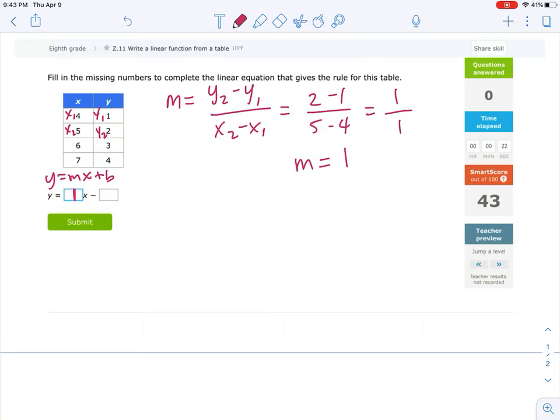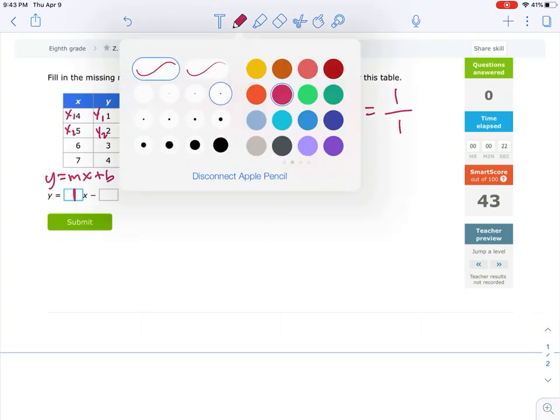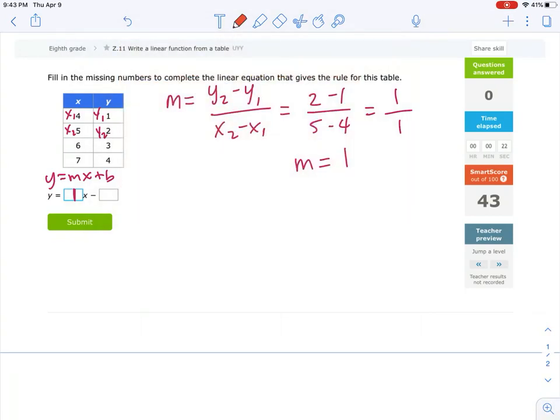Now in the previous problem, we didn't have to find b because the only choice that had a slope of 1 was the first choice. But in this problem, we have to find the y-intercept. The way that we did that in class is with this formula. We used point slope. Point slope form is y minus y1 equals m, open parenthesis, x minus x1.